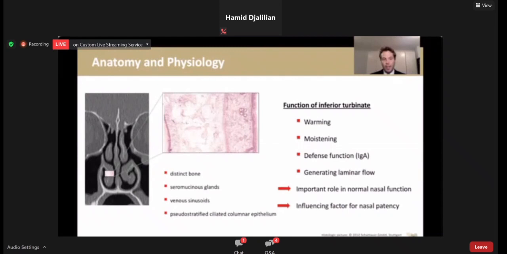The swelling function of the inferior turbinate is also generating a laminar flow through the nose, so that the airstream is really laminar and not turbulent. And due to these facts, it is clear that the inferior turbinate has an important role in normal nasal function and is the influencing factor for nasal patency.